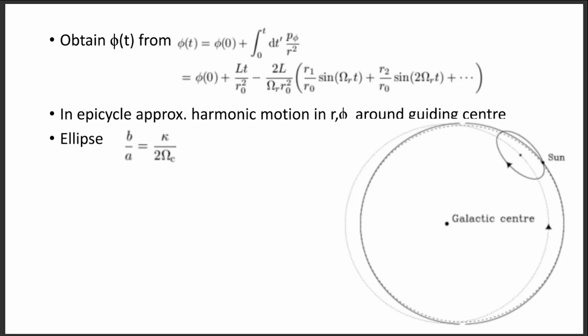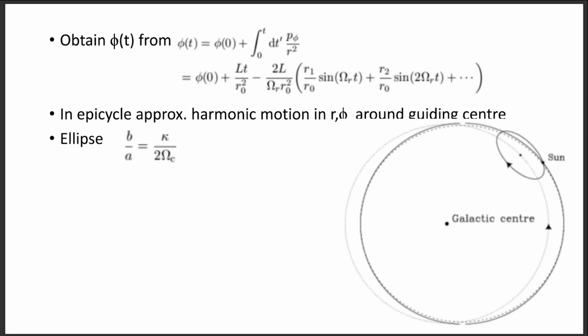which is where you get rid of these higher harmonics and just focus on the first order term, you are looking at an epicycle. So you have a guiding center here, which goes around at a constant rate around the galactic center. That's described like this.